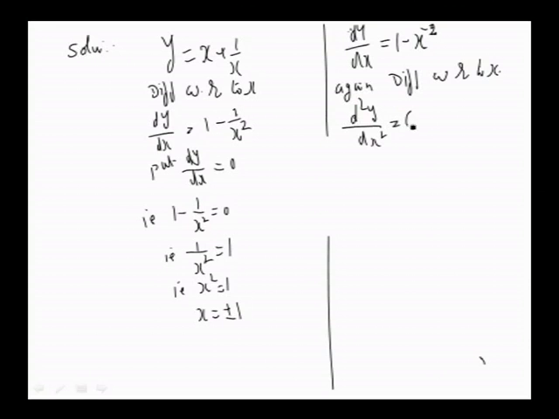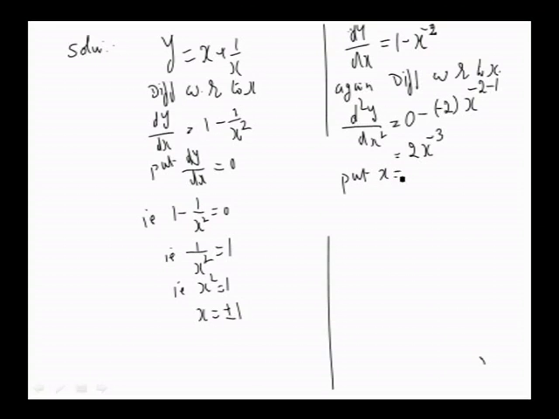The derivative of a constant is 0, minus the derivative of x to the power of minus 2, which is x to the power of minus 2 minus 1. This is equal to 2x to the power of minus 3. So, in this put the value of x is equal to 1 and x is equal to minus 1.